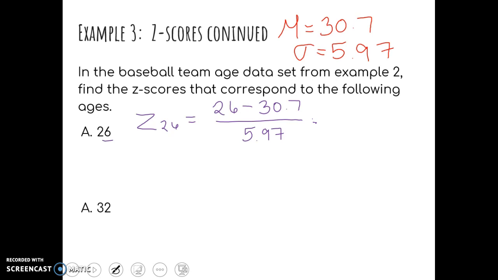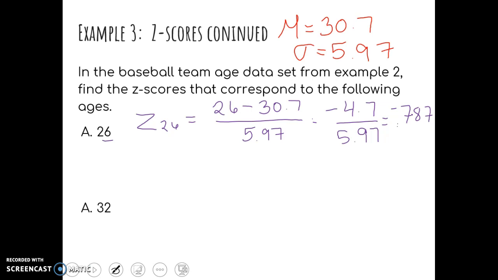I'm not going to pull it up on the screen. I just want to do it over here by hand. Okay, 26 minus 30.7 is negative 4.7 divided by 5.97, which is negative 0.787. Again, they don't tell us how far to round, so 3 is usually good for z-scores.